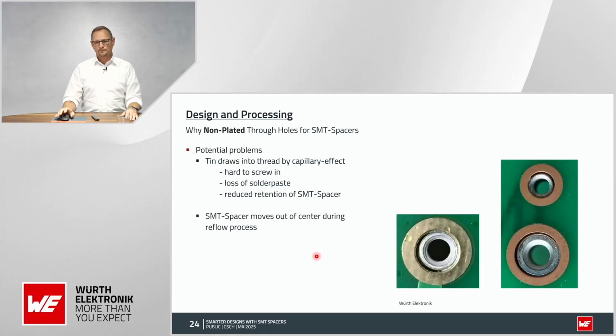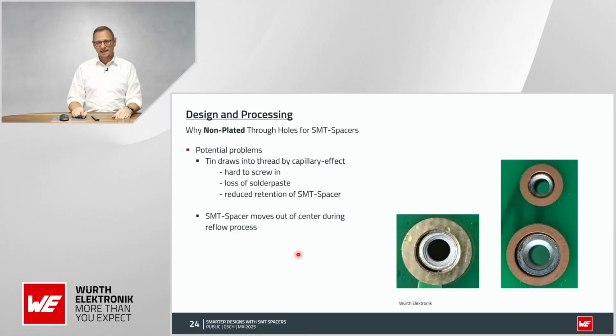So next problem is that the SMT spacer might move out of the center of the borehole. Of course, the borehole needs to be a little bit bigger than the component itself, so the pick and place machine can easily place the component on the right place. Normally it's at least 1/10 of a millimeter bigger.